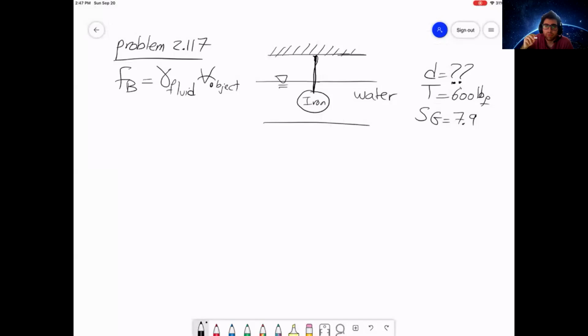And remember, it's the volume of the object submerged in the water. I think the book mentioned this. I was reading chapter 2 yesterday, and what if you have a ball like this, where half of it is submerged in water and half of it is sticking out in the air? How would you calculate the buoyant force on this thing?